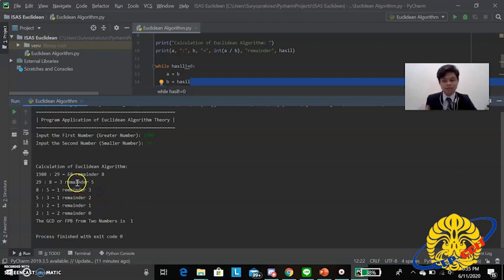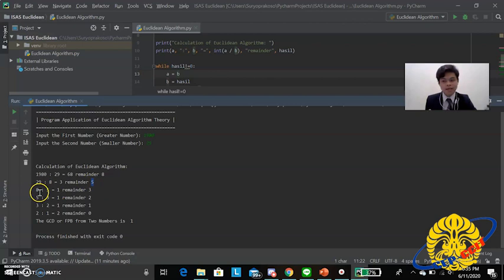Okay, back to the principle of Euclidean algorithm. The larger divided by the smaller, and the smaller divided by the remainder, which is 8, and it has a result and a remainder, which is 5, the second remainder.